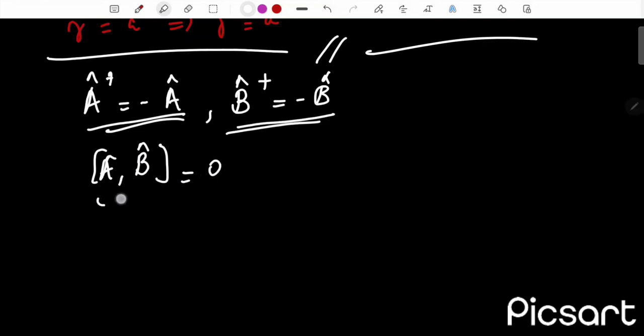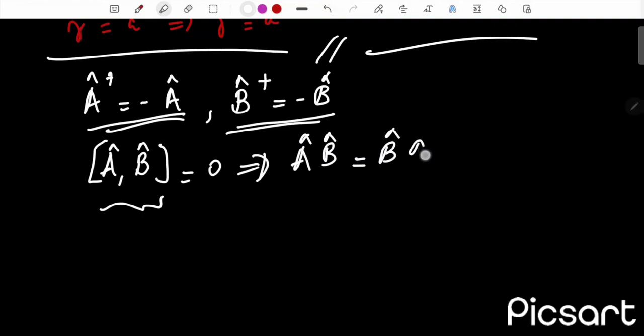This means that this commutator must be equal to 0, if you remember from the previous videos. By definition of the commutator, this means that a times b is equal to b times a.